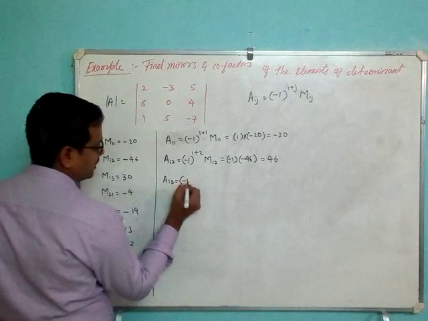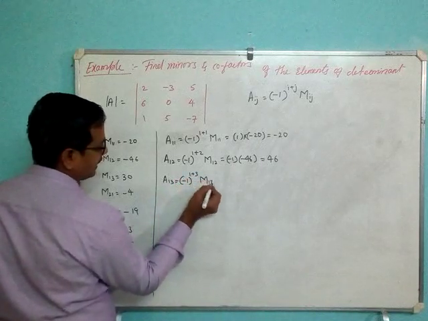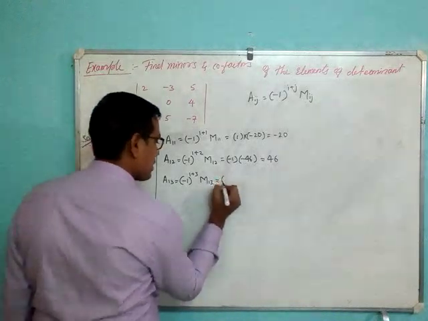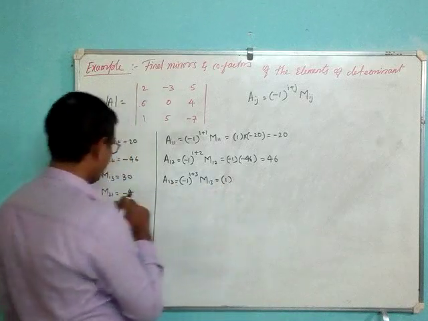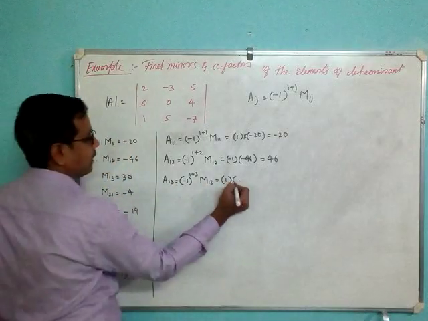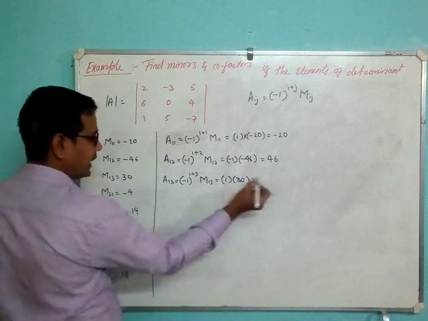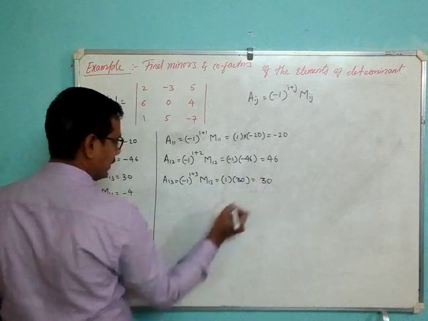A13 is minus 1 to the power 1 plus 3 into M13. So minus 1 to the power 1 plus 3 is plus 1 into M13. M13 is 30. So 1 into 30 is 30.